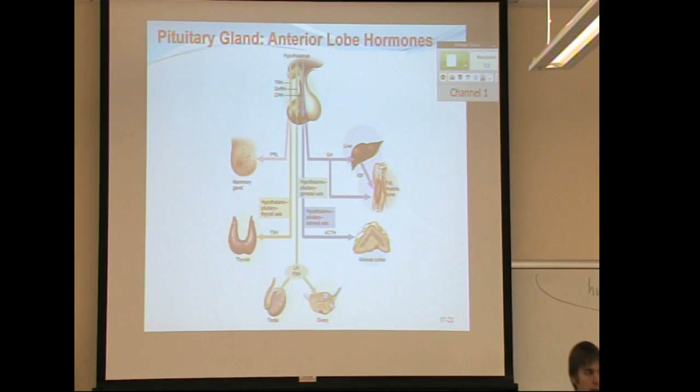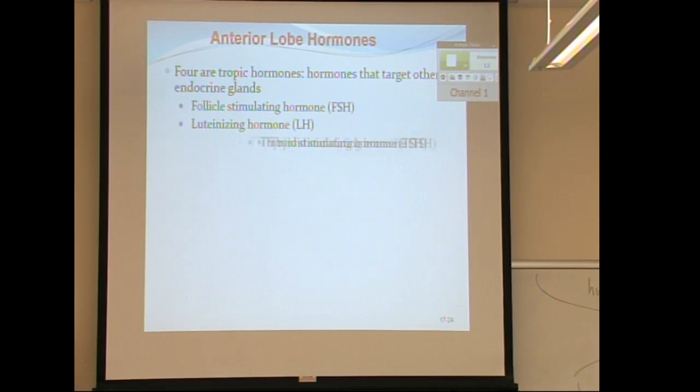So I wanted to talk about the hormones of the pituitary and what they actually do. So we've got prolactin, TSH, etc. And four of them are what are called tropic hormones.